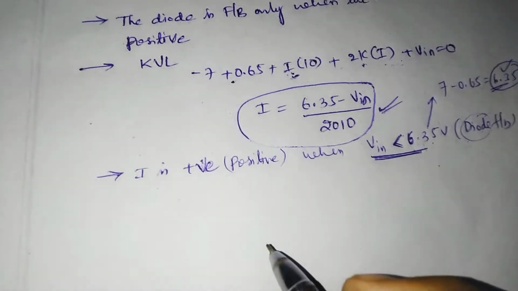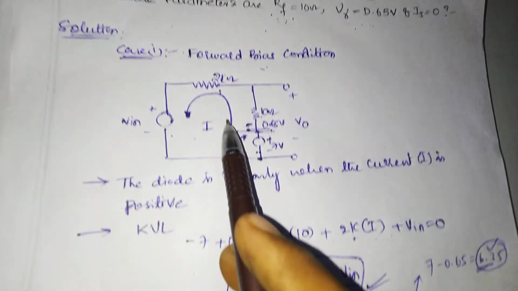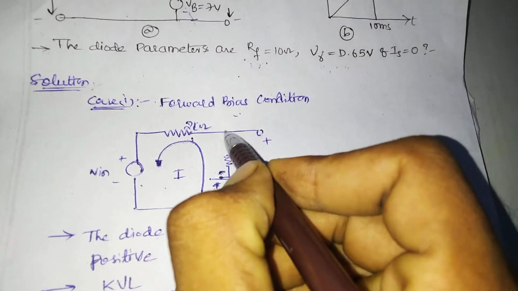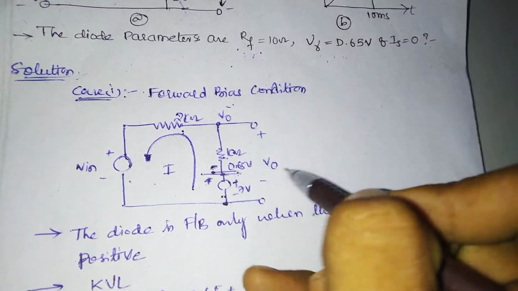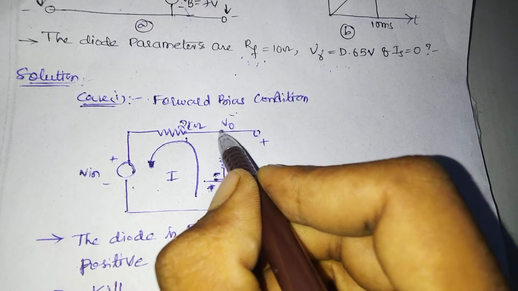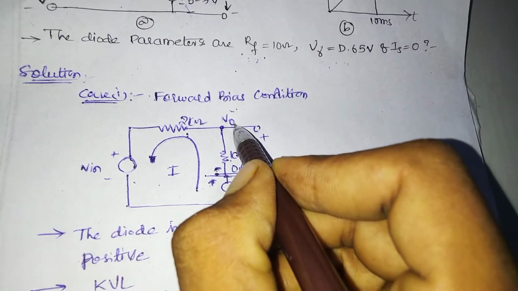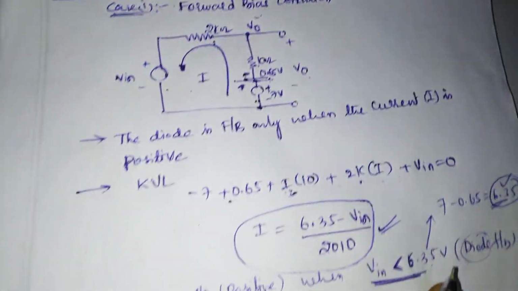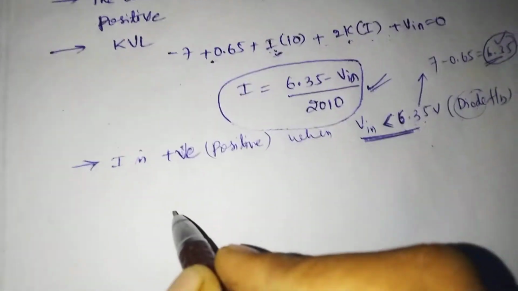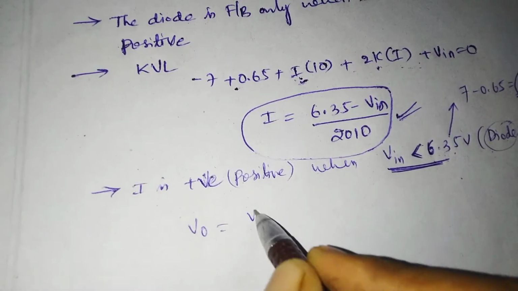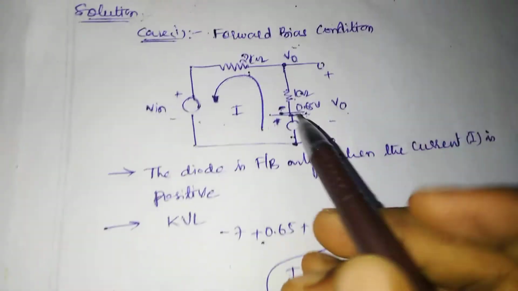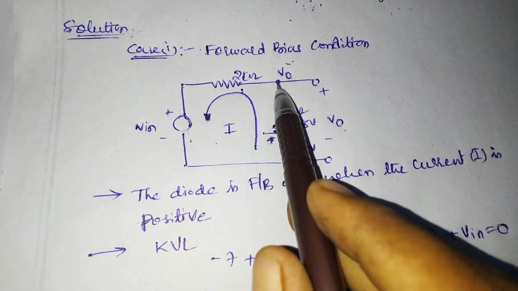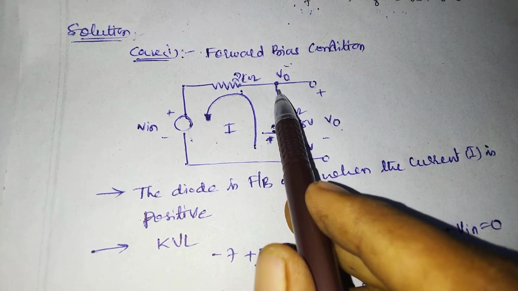So with the help of this figure, this is V output. We take this output as one node and name it V output. V output equals V in plus I into 2K.